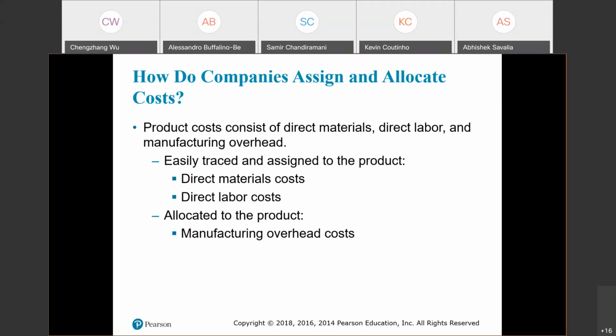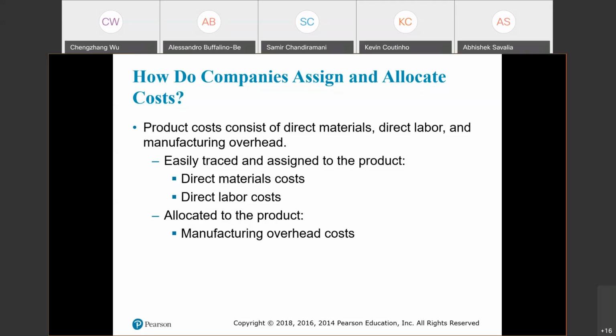The direct costs, including direct labor and direct materials, are the costs that can be easily traced to the products. But on the other hand, manufacturing overhead, which is also called indirect cost, cannot be cost effectively traced to the products.